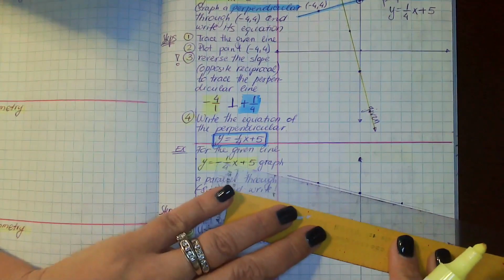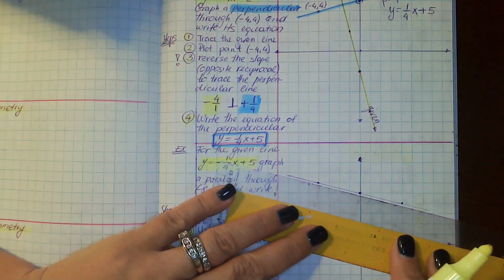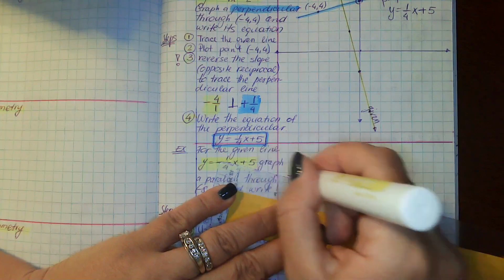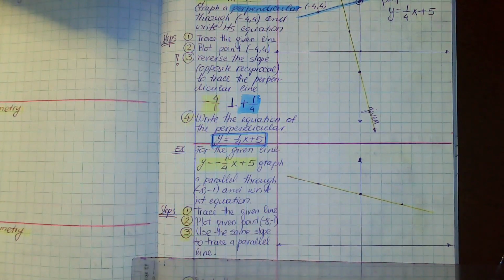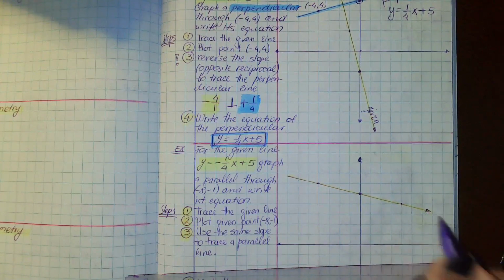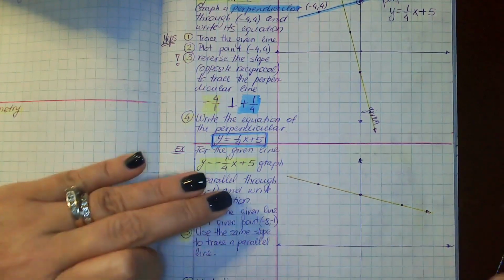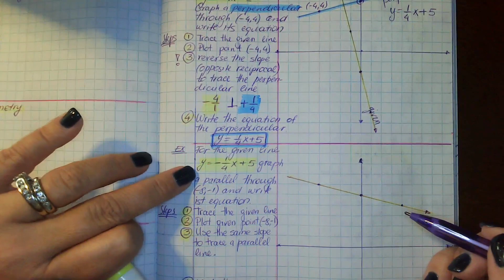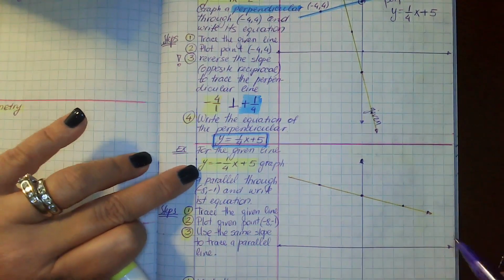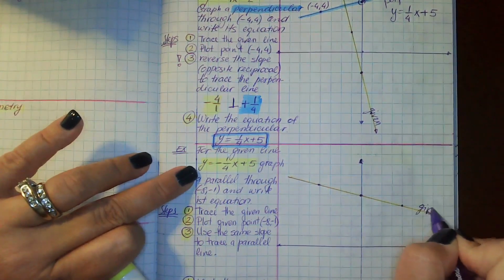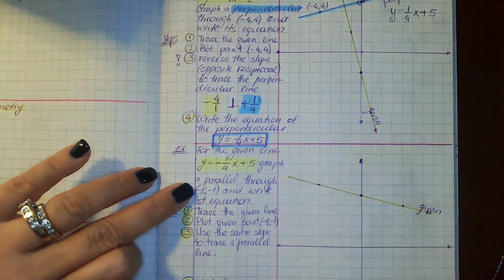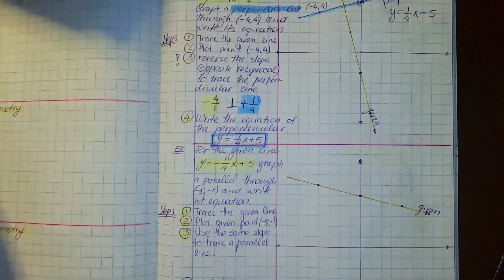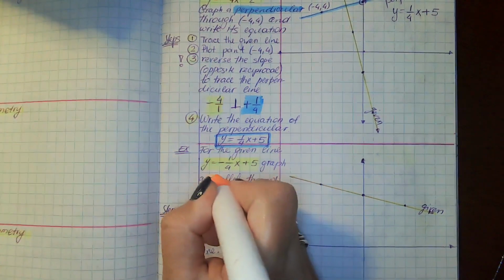Color coding helps, and labeling is really important as well, because the more lines we have on the coordinate plane, the more labels or colors we'll need to identify which is which. So this time, for this given line, I have to graph a parallel. Parallel lines don't cross.